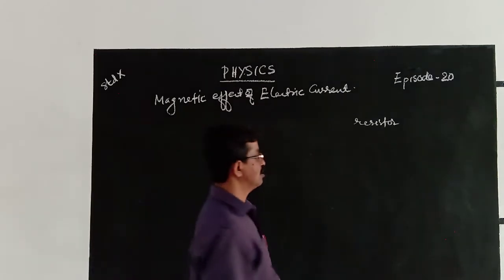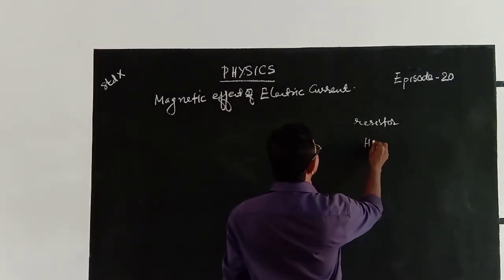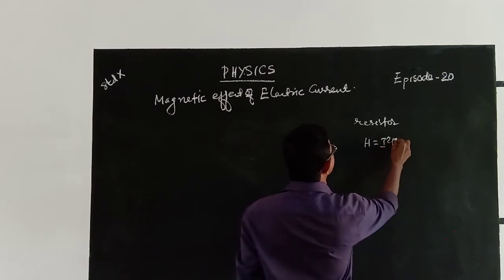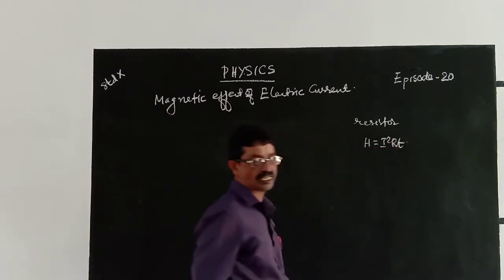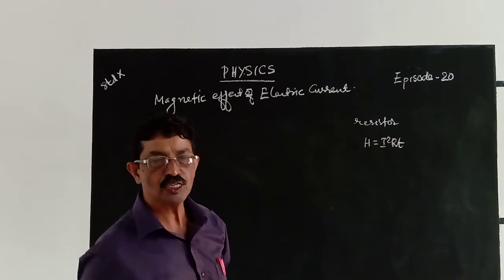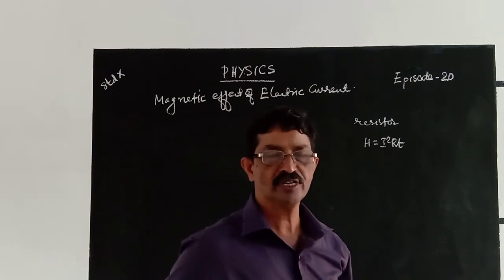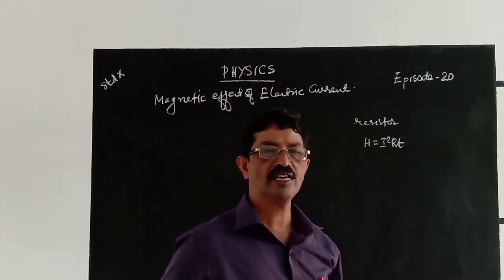From that we got the relation H equals I squared R T, and we also discussed what electric current actually is.